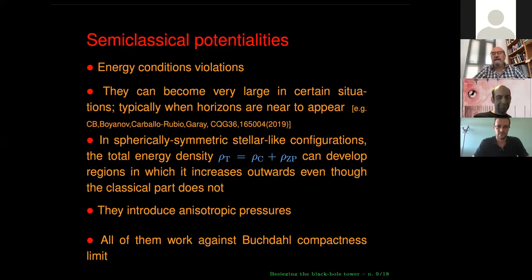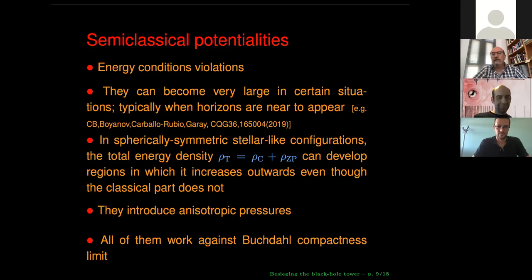Another thing that semi-classical gravity allows is that, when you analyze spherically symmetric stellar-like configurations, the total energy density, which is composed of the classical term plus the semi-classical term, can develop radial regions within the star in which this quantity increases outwards, even though the classical part is decreasing or not increasing.